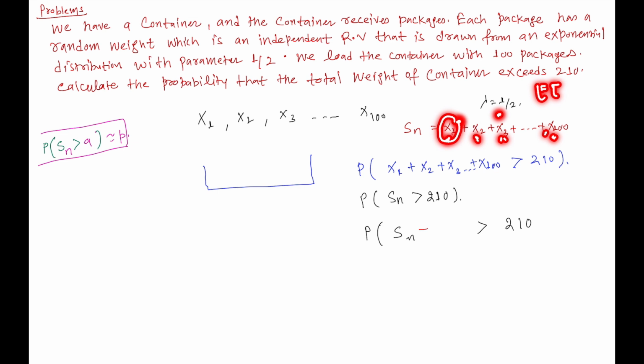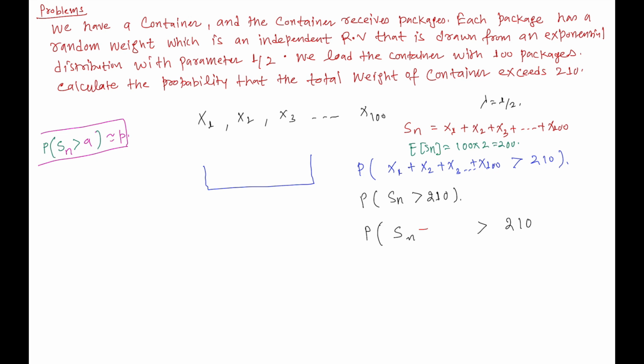The expectation would be 1 divided by lambda, that is 2, right? And we have 100 such independent random variables, so the expectation of Sn will be 100 times 2, that is 200, right?